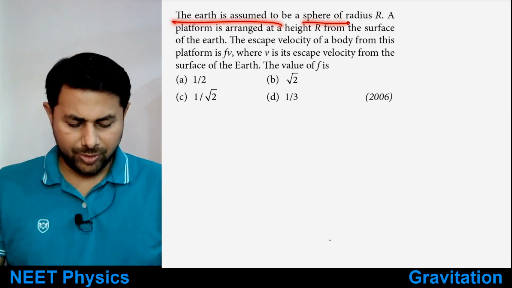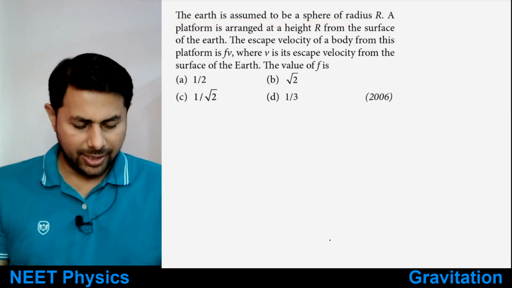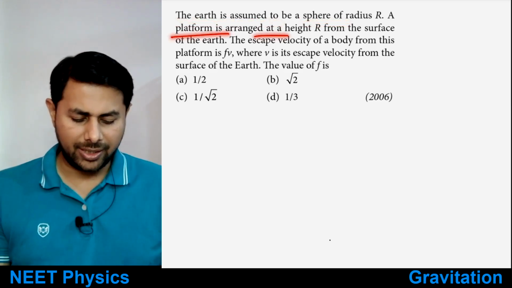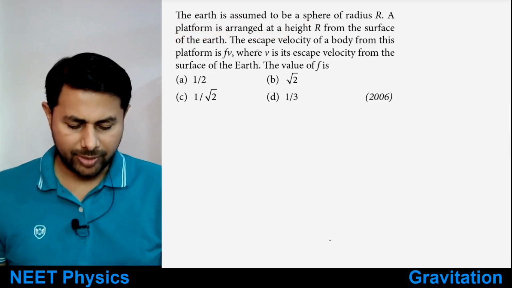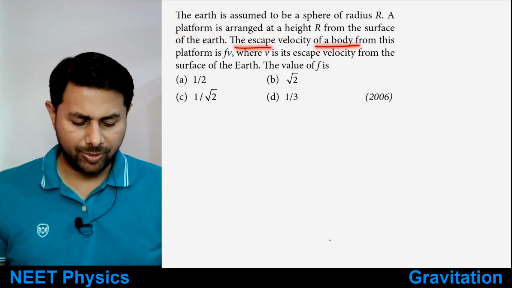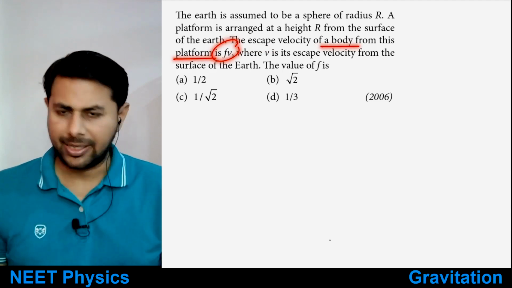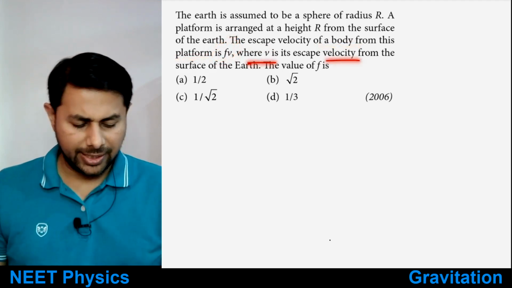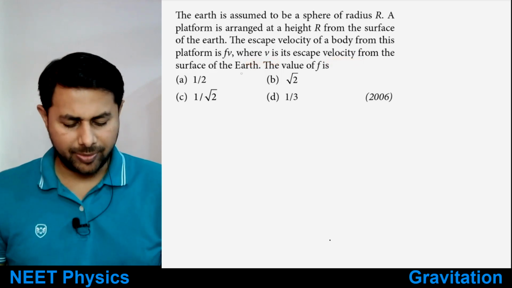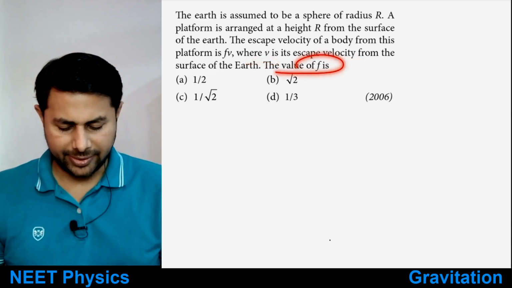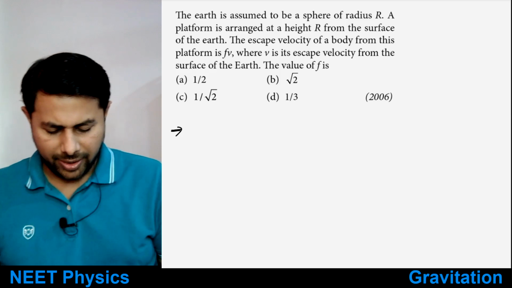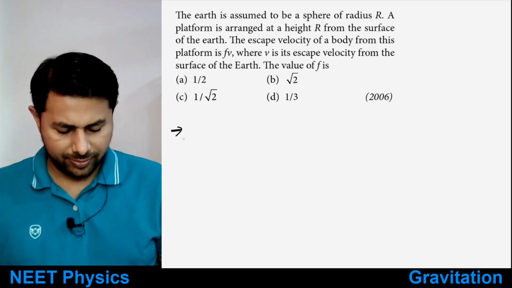The Earth is assumed to be a sphere of radius R. A platform is arranged at height R from the Earth. The escape velocity of a body from this platform is f times v, where v is escape velocity on surface of Earth. The value of f is, tell me. See, the question is very simple.